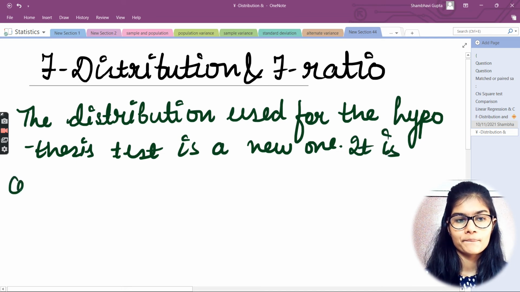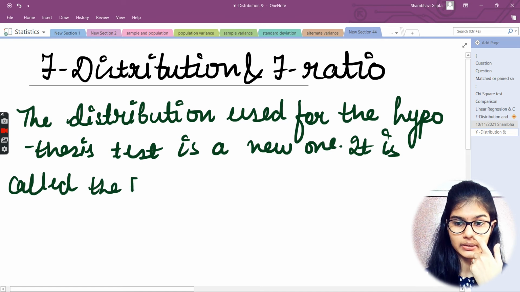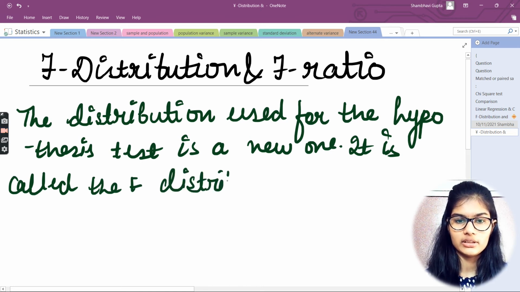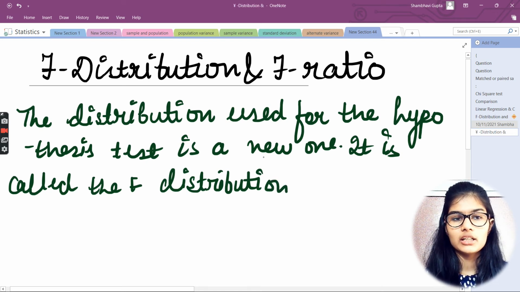It is called the F distribution. So the distribution which is used for the hypothesis test is a new one and it is called the F distribution. Right here I mentioned the F distribution and the F ratio.